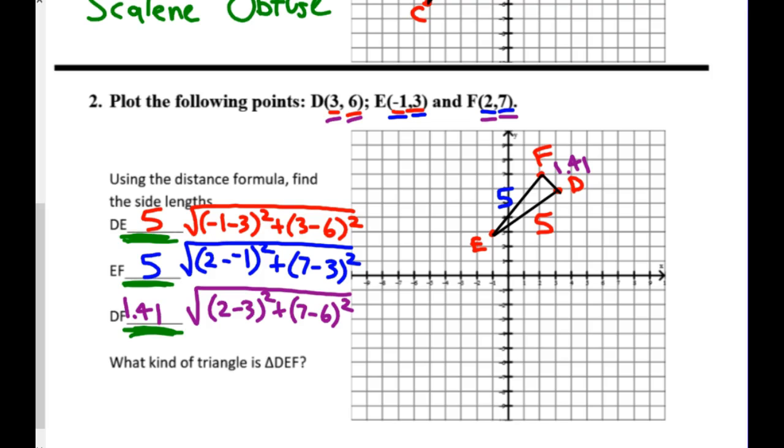You might remember from the video from Thursday that I made a cameo on it when I was dressed like a student, right? What did I tell you about two congruent sides? What's it called? Isosceles. Okay? Two sides, two eyes. Isosceles.